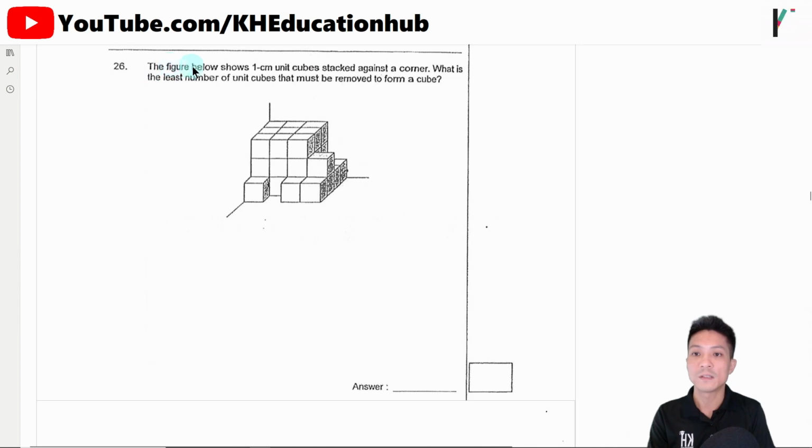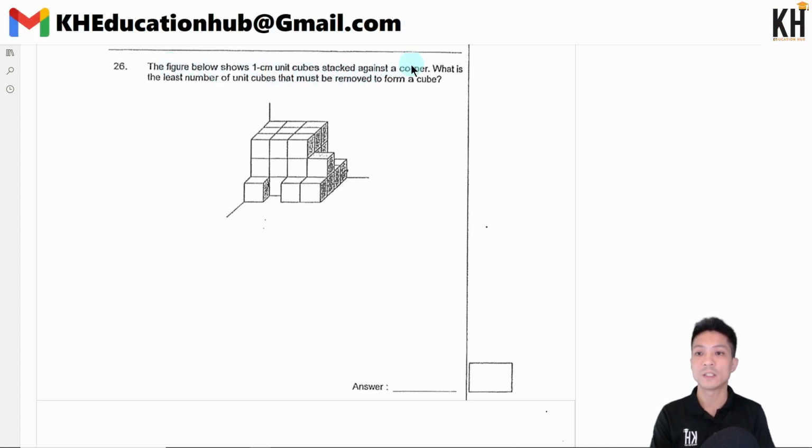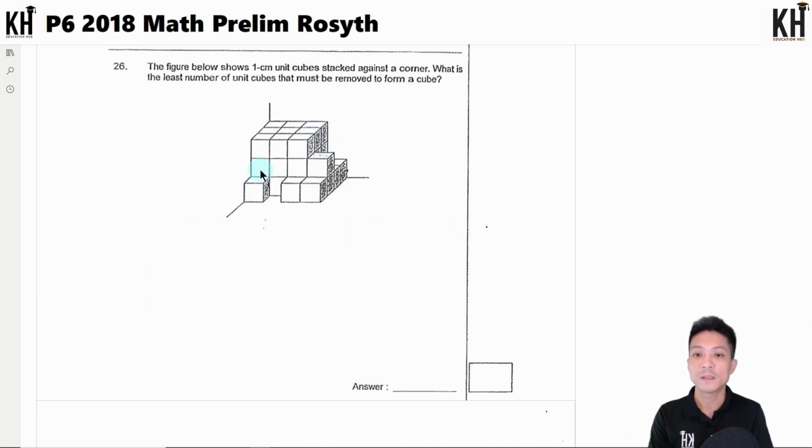Okay, question 26. The figure below shows a 1 cm unit cube stacked against a corner. What is the least number of unit cubes that must be removed to form a cube? Okay, so we can see that there is a 3 by 3 over here, right?